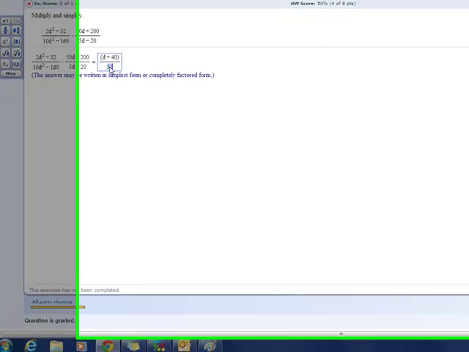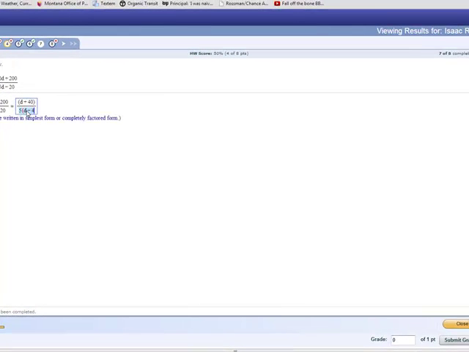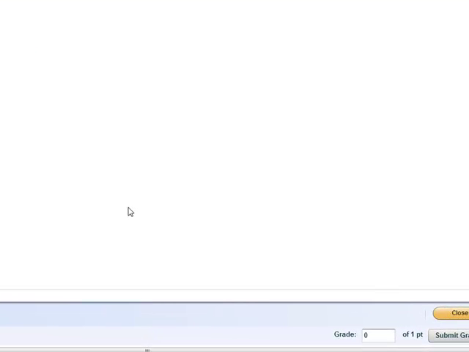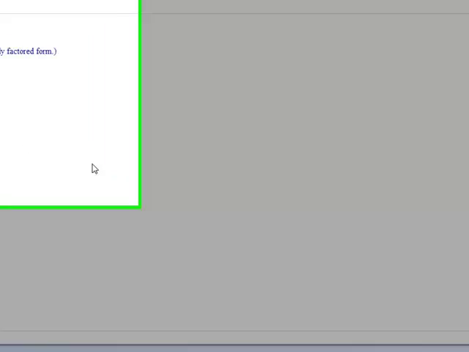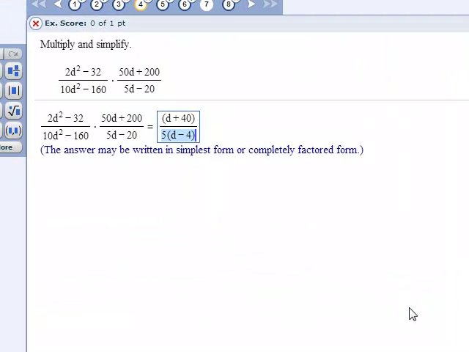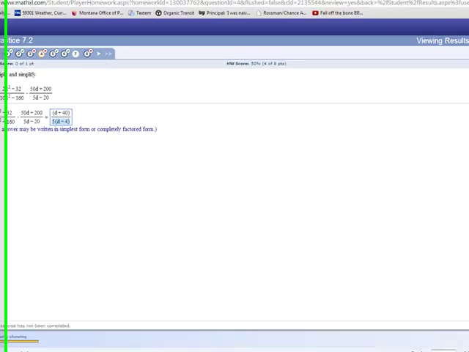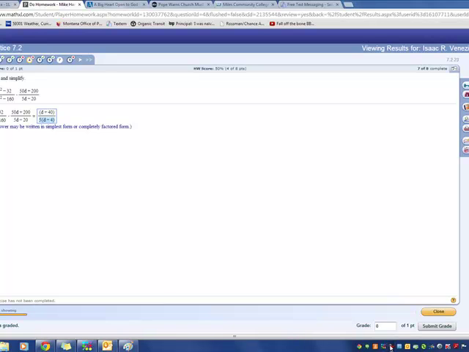Okay, now sometimes it wants me to multiply this back out, which I say is hogwash. Let's check it out and see what's, oh, it's not going to let me check the answer. The question is graded, it says. But that is how we go about this problem.